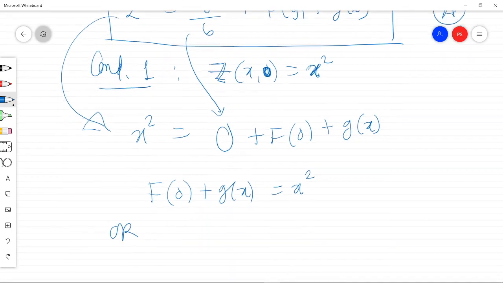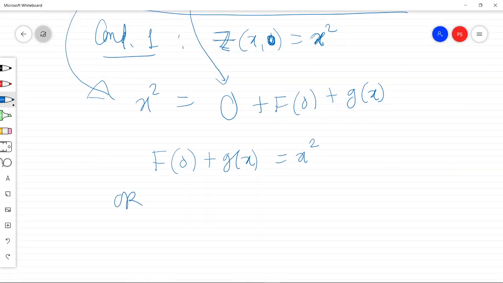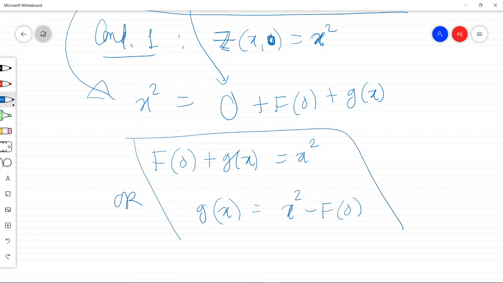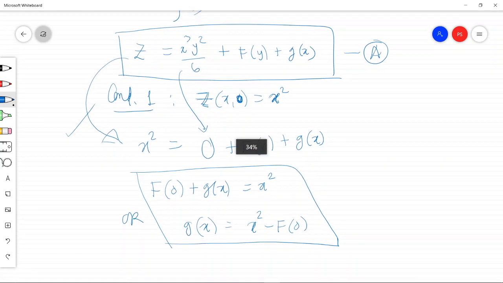or g of x is just x squared minus f of 0. So this is an important equation which we have derived from the given condition number 1.